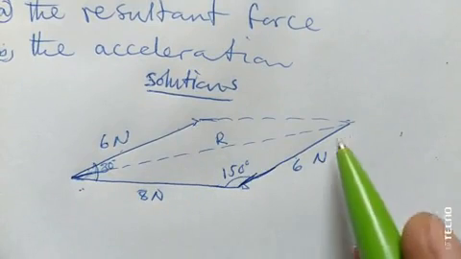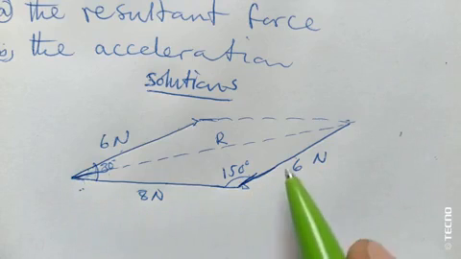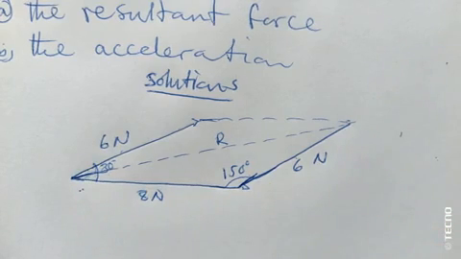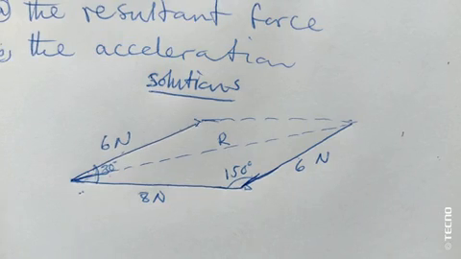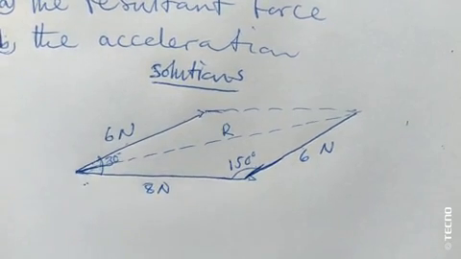As you can see, we've got this diagonal, which is the resultant force that you want to calculate. Then you've got this side and the other side. So which formula are we going to use? On this one, we're going to use the cosine law, like I've said.